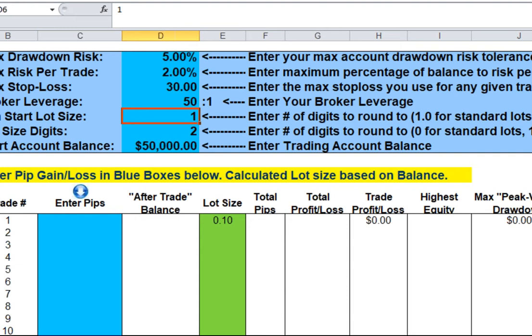That flexibility means that instead of being limited to a micro lot, which is 0.01, this would allow you to put on a trade that has 2 micros or 3 micros. That way you can take off a portion of your trade at various levels.